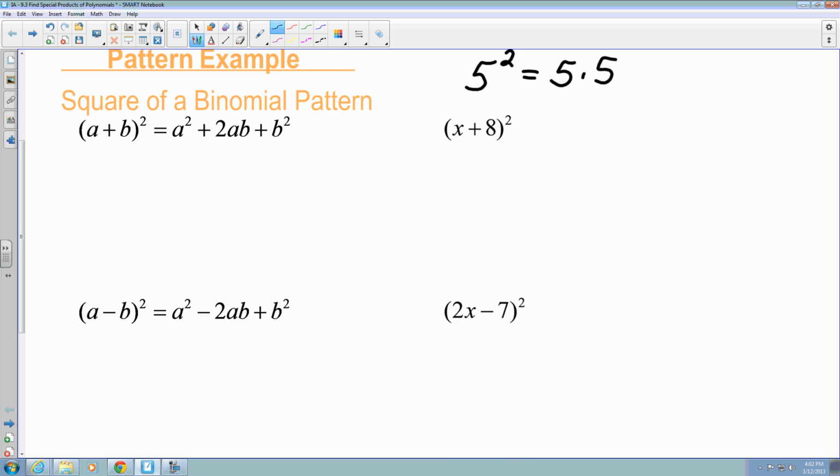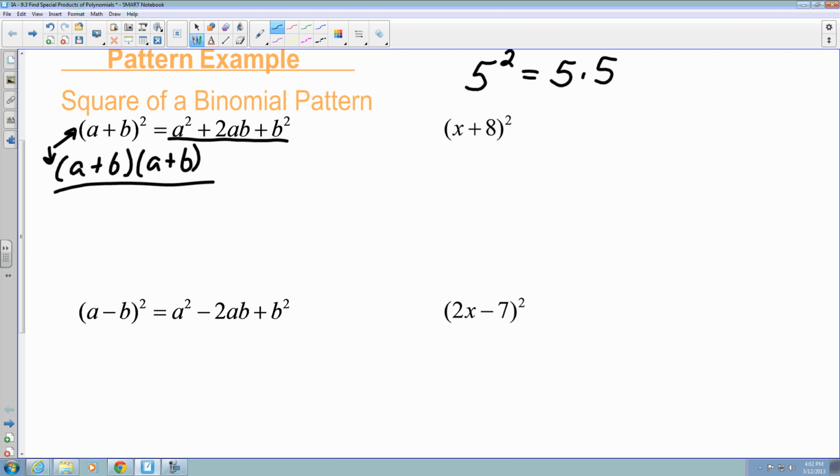Same thing goes for these binomials as well. So a plus b quantity squared can be written as a plus b times quantity a plus b. This and that mean the exact same thing, and if we FOIL this out, it'll equal that.